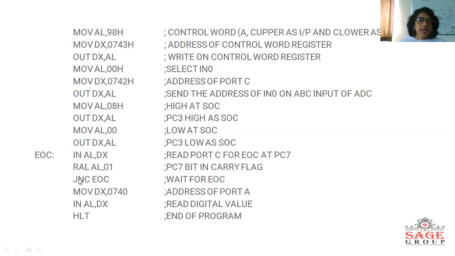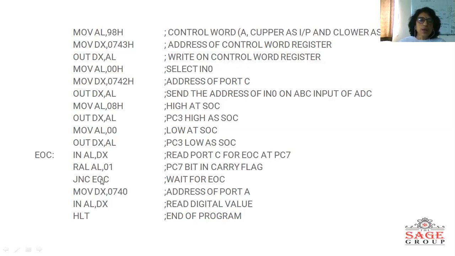So we are checking the carry flag because this carry flag keeps the status of the PC7 pin. If no carry is generated, that means no end of conversion signal, so we will jump to this location and again read port C for the PC7 pin.